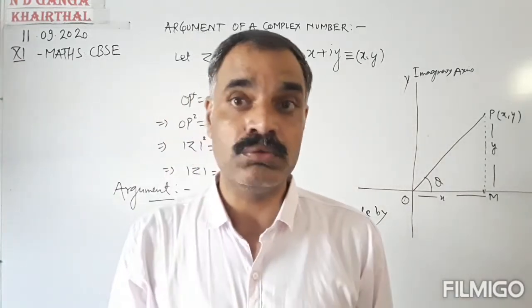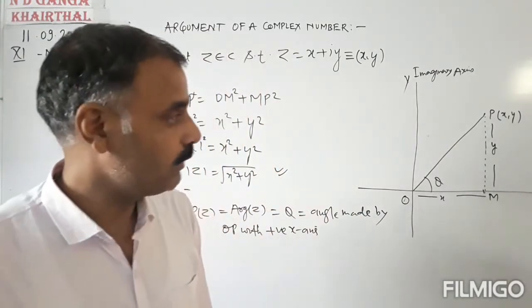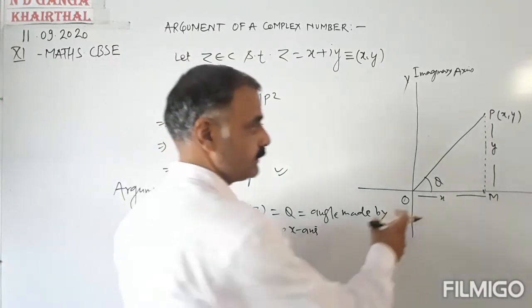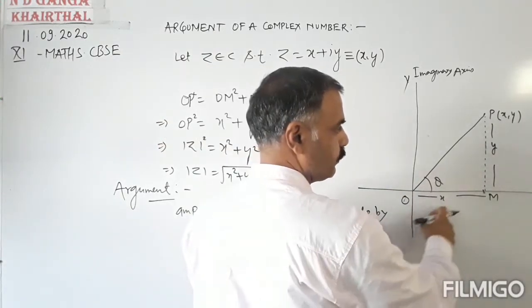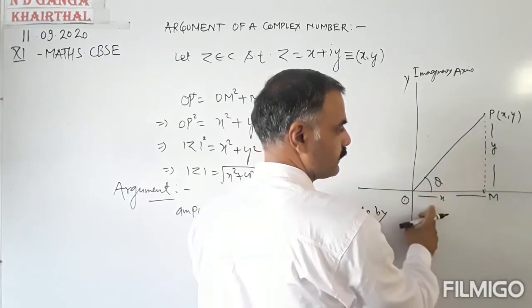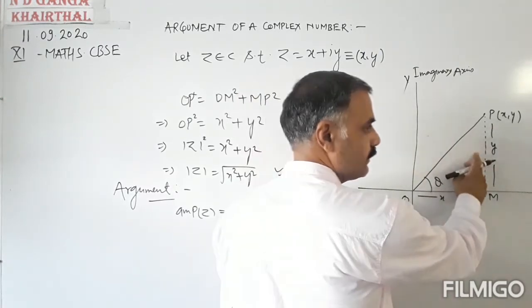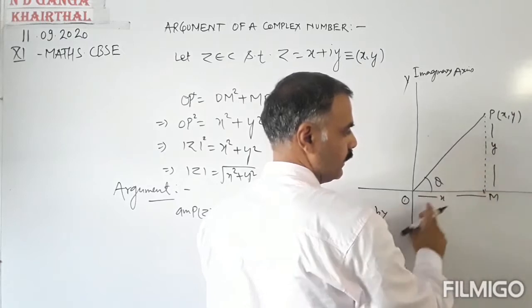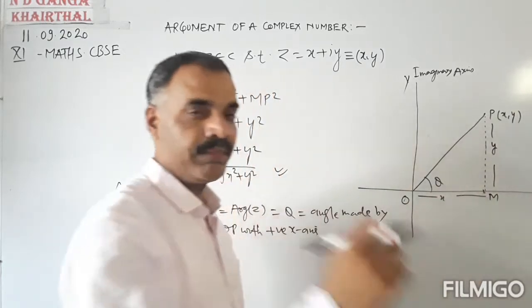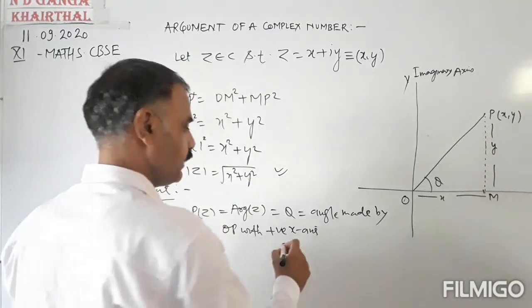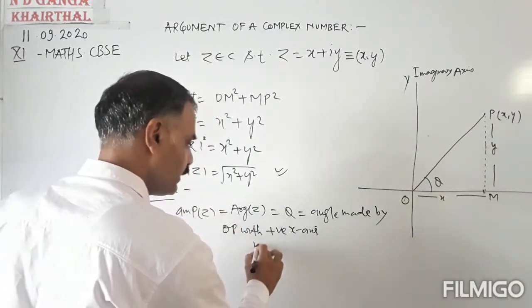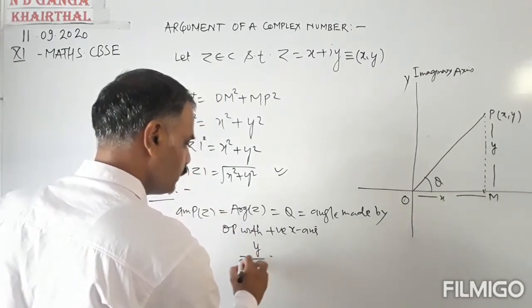How to find this theta in terms of x and y? y is the perpendicular and x is the base. So perpendicular upon base, that is y upon x, is equal to tan theta.